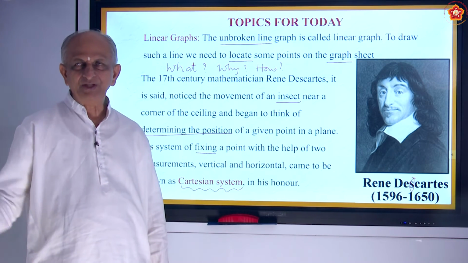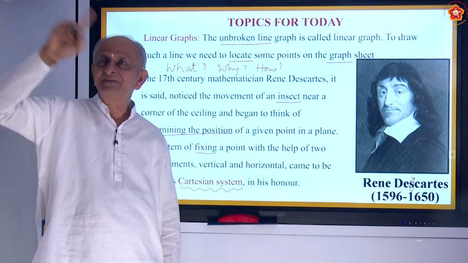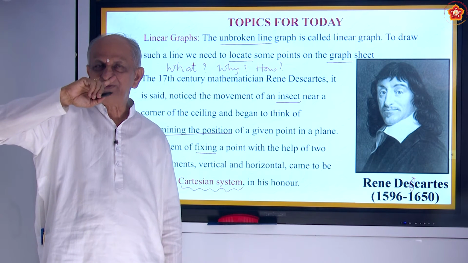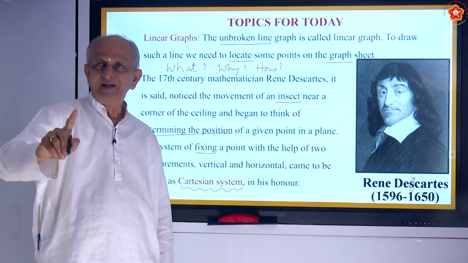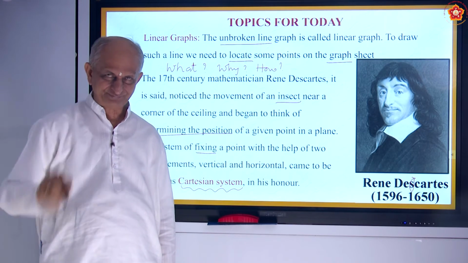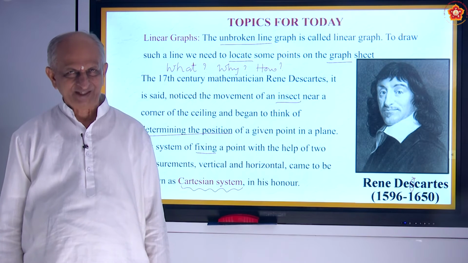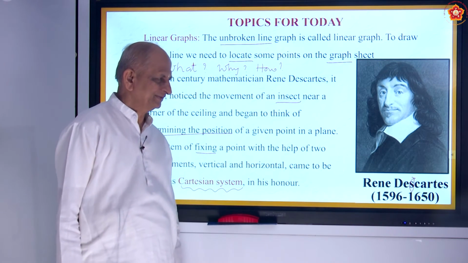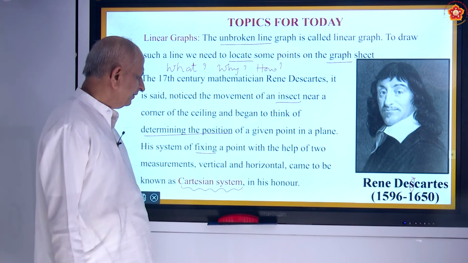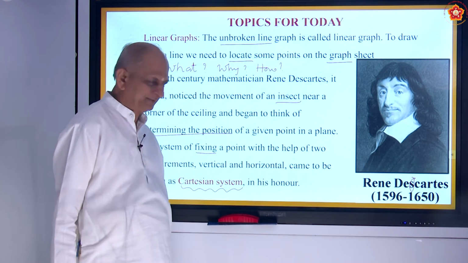So when you see an insect, how do you locate its position? You must see the horizontal line and also the vertical line, something like the x-axis and y-axis, and then you will be able to locate the point.